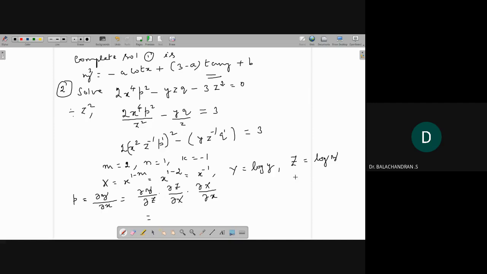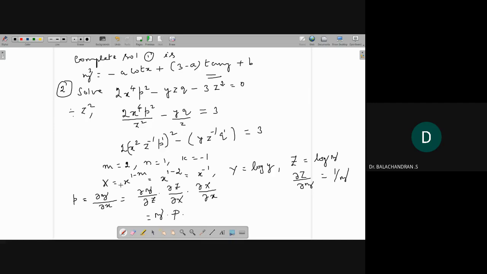From this you can find dou capital Z by dou small z equal to 1 by z. So the reciprocal of this is z. Dou small z by dou capital Z is the reciprocal of 1 by z, that is z, into dou capital Z by dou capital X, which is capital P.